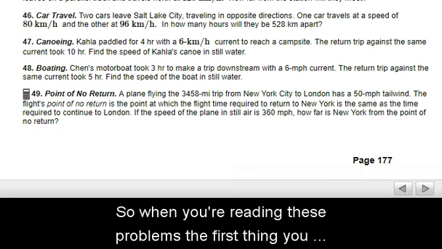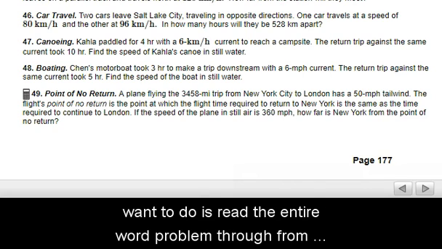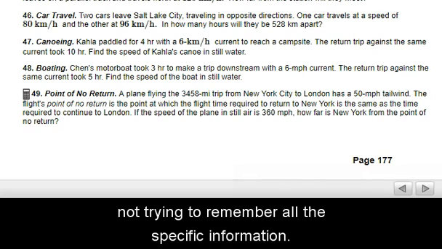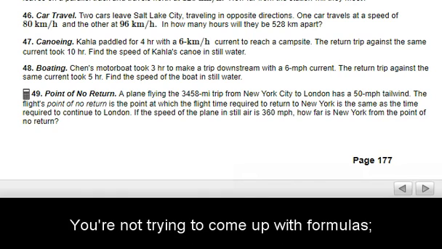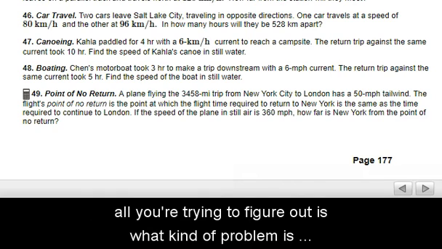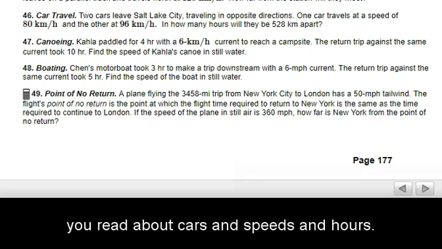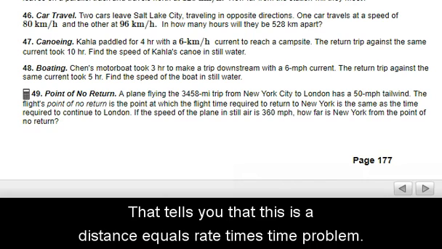So again, when you're reading these problems, the first thing you want to do is read the entire word problem through from beginning to end. You're not trying to remember all the specific information. You're not trying to come up with formulas. All you're trying to figure out is what kind of problem is this. When you read this one, you read about cars and speeds and hours.